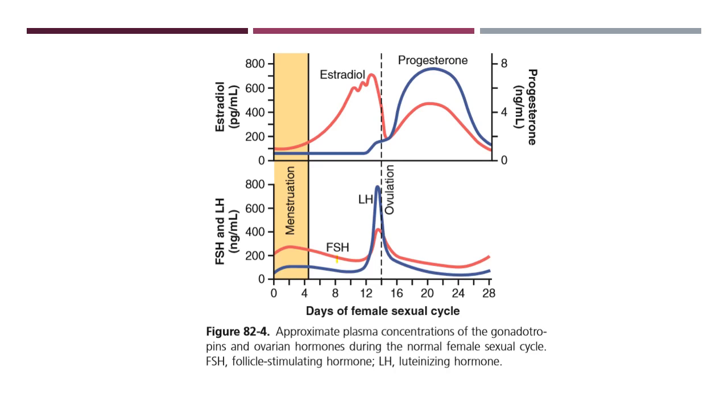These effects are clearly demonstrated in these figures, where we have FSH and LH levels during the different phases of ovulation, as well as estradiol levels in the upper graph and progesterone. As you can see here, just before ovulation, the LH surge is accompanied with reduction of estrogen levels and increase in the progesterone levels.